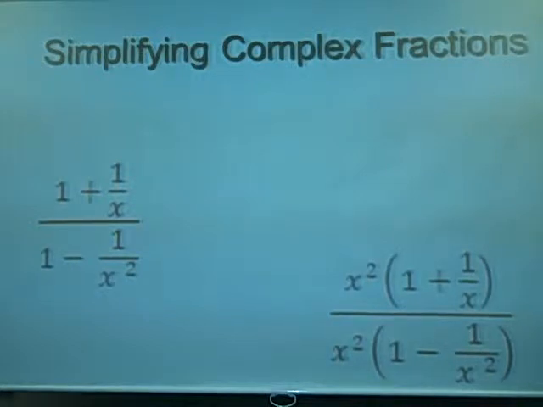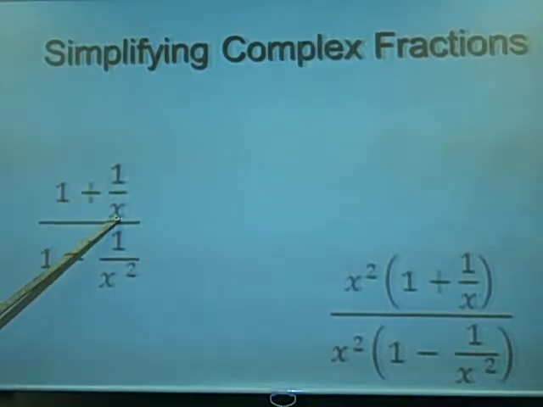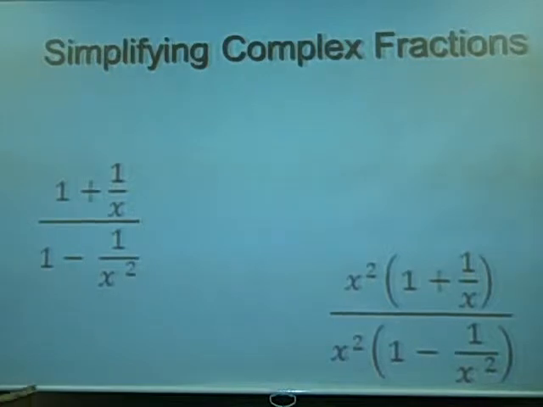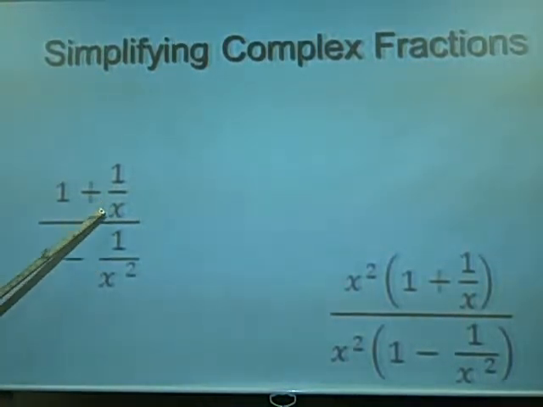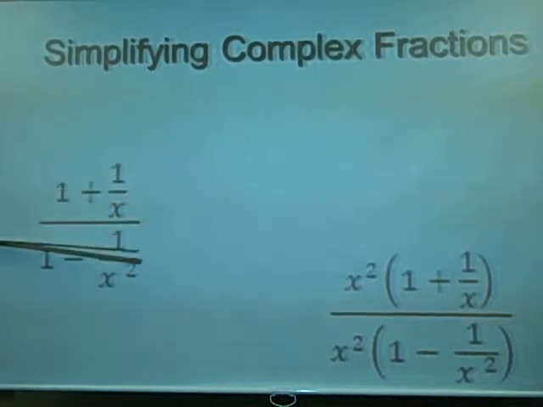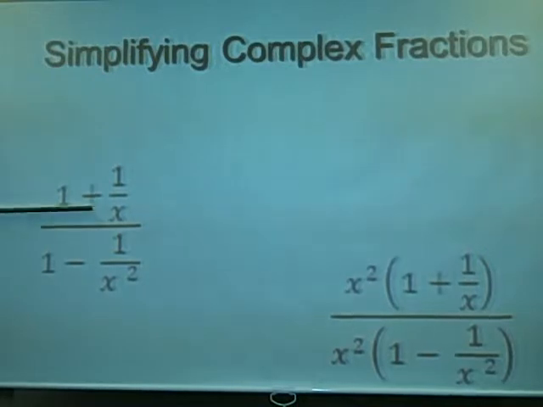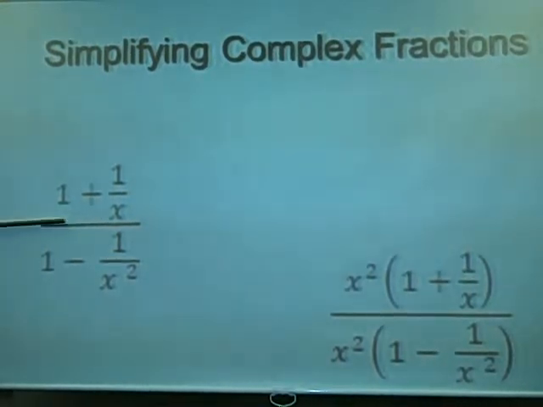All right. Complex fractions. Here we have 1 plus 1 over x and 1 minus 1 over x squared. You look for the least common denominator between the two rational expressions. So this could be looked at as 1 over 1.